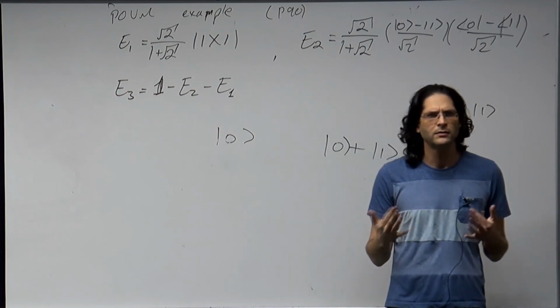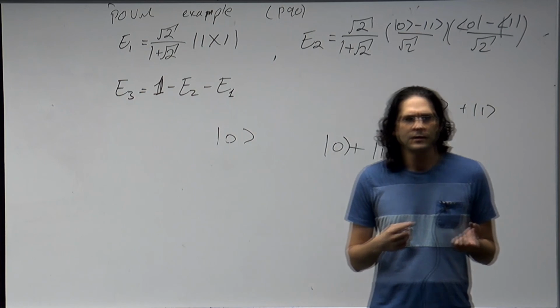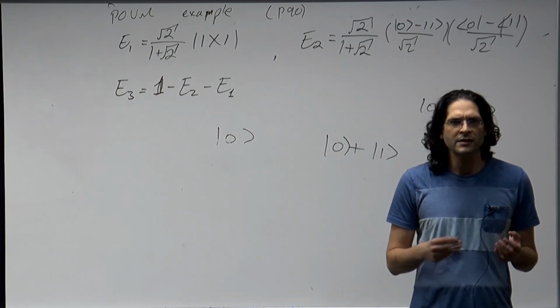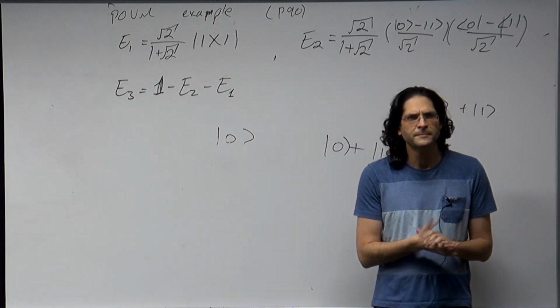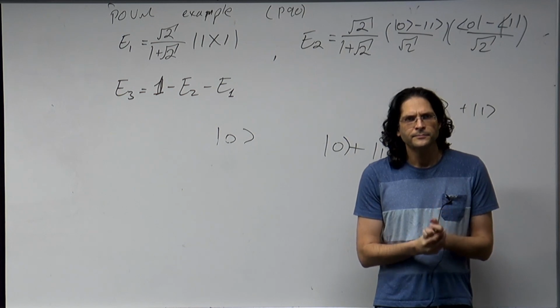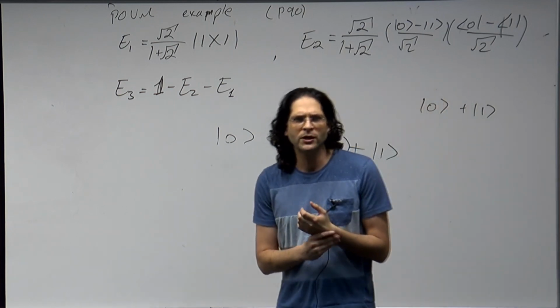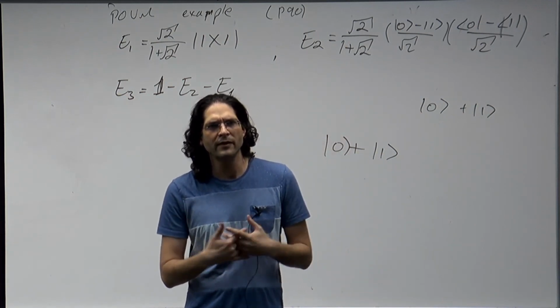Why? Anyone? I alluded to that beforehand. Why can you not instantaneously project a state? All right, I'll give you a clue. Nothing comes for free. What do you need to pay? In physics, what do you pay with?